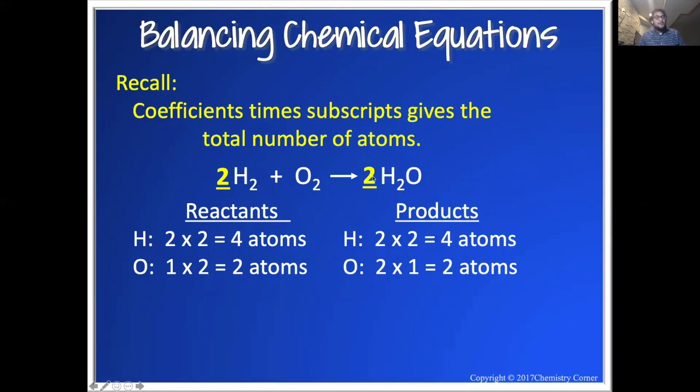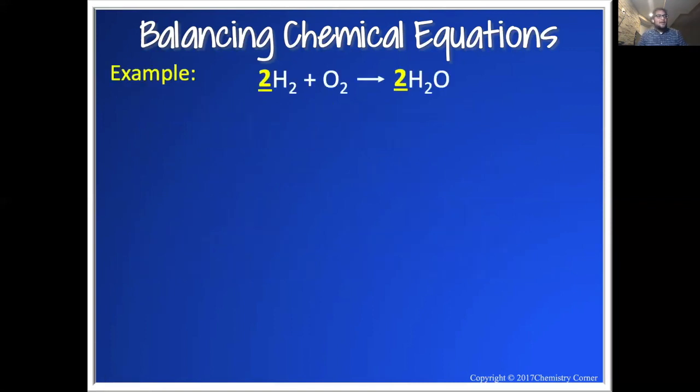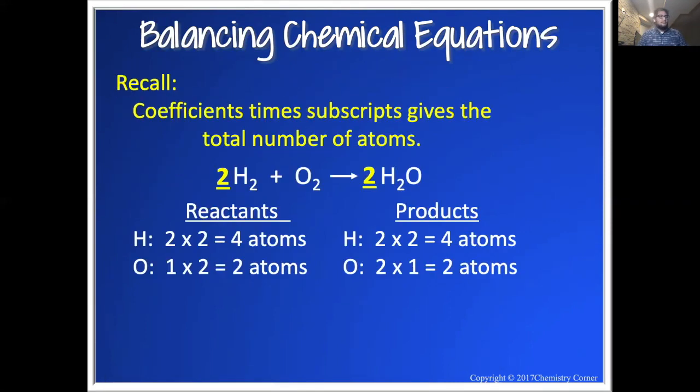And then what I can do, and this is crucial, students forget this sometimes, this coefficient in front of the H2O also applies to the oxygen. So this oxygen here in H2O has no number in front of it, so we assume that's 1 here.